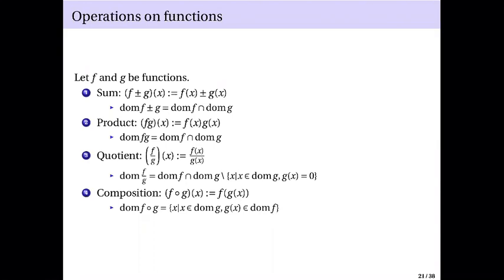Of course, g of x will be a number. You have to make sure that f of that number is also defined. So from your original x, you get your g of x, and you use that g of x to evaluate in f.